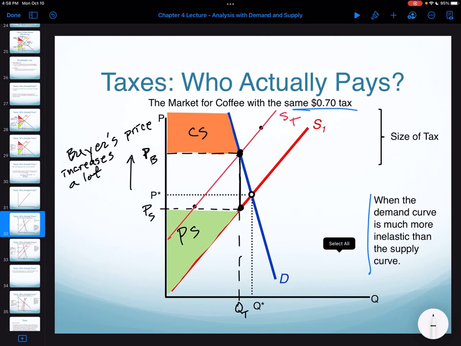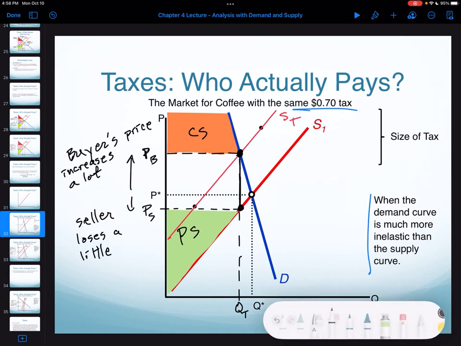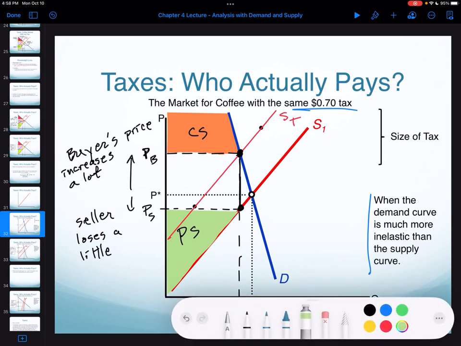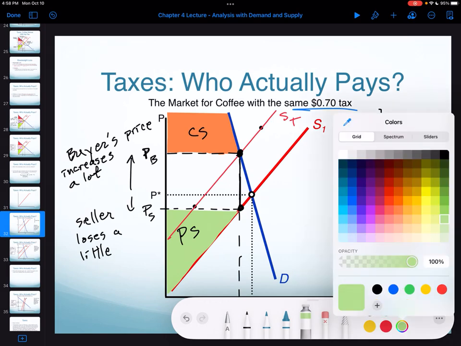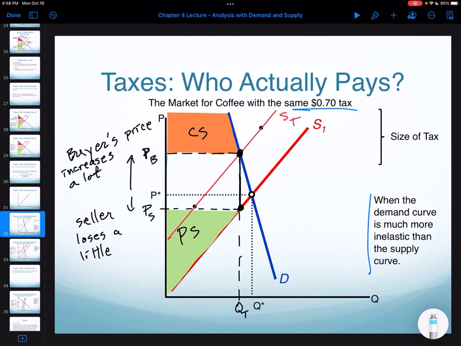The seller, sure, loses a little bit of money because of the tax, but the seller loses a little, right? This tax revenue rectangle is mostly made up of what used to be consumer surplus, right?